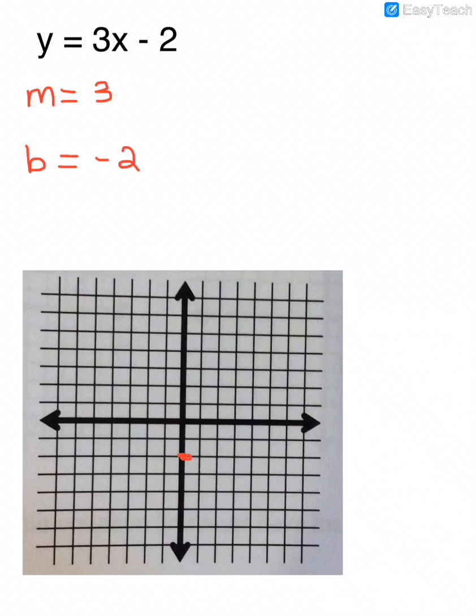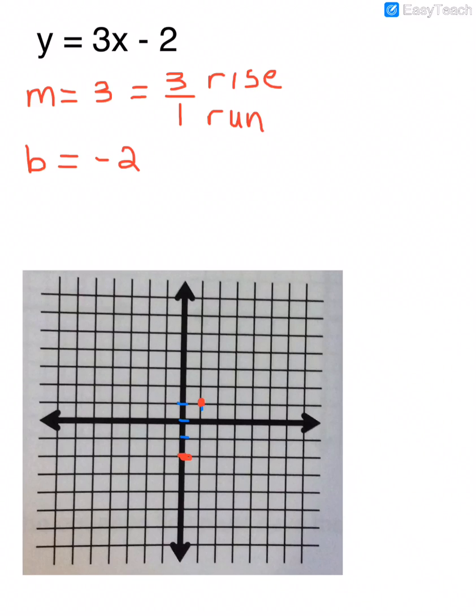And then my slope is 3, which is the same as 3 over 1. And remember, I told you that slope is rise over run. So on my graph, from my y-intercept, I'm going to rise 1, 2, 3 spaces, and then run 1 space. And that's where I put my next point.